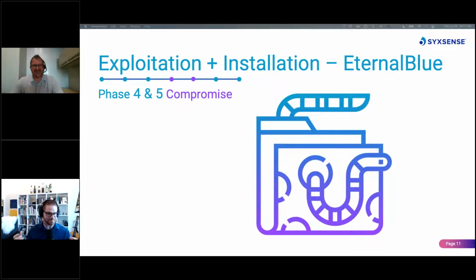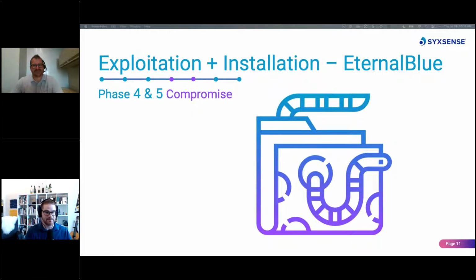Same idea. So they planted DoublePulsar as a breadcrumb into the systems they were affecting using Eternal Blue. That allowed them to then re-access those devices without having to use their original method of exploitation.